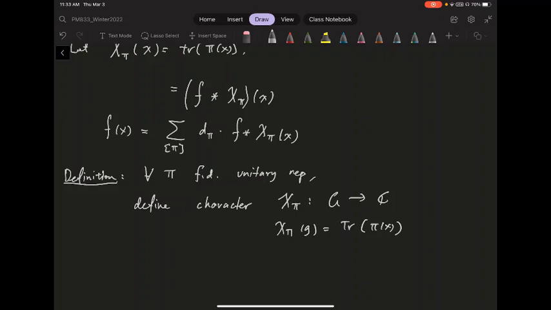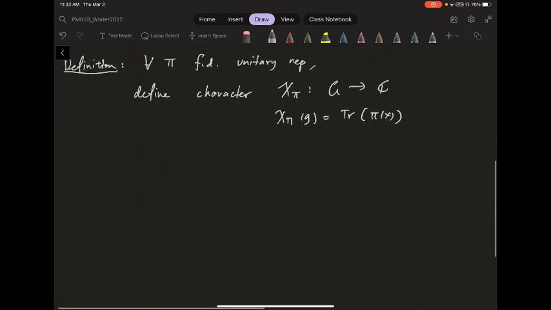As long as your pi is finite dimensional, this trace is well defined, so I don't need to restrict myself to the irreducible ones. But for the irreducible ones, these chi pi are going to be quite nice.